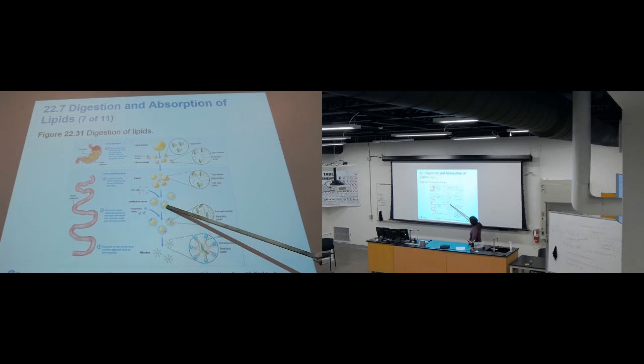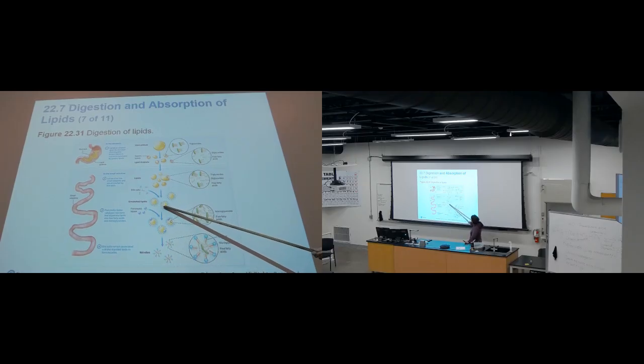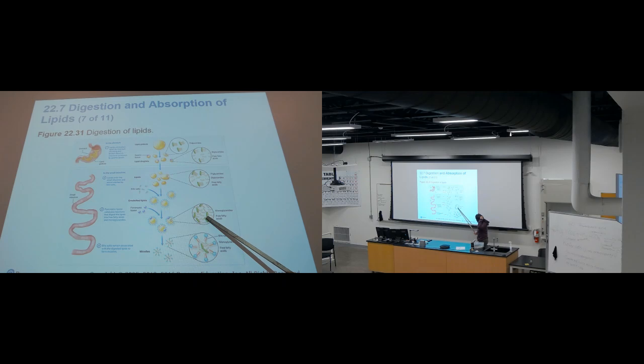you form these chylomicrons that have this central part made out of hydrophobic molecules. These will be the lipids, and then you have the bile salts that coat it, with this polar side that interacts with water, and they can be absorbed by the enterocytes, and the enterocytes will have this lipase that breaks down these chylomicrons into free fatty acids and monoglycerides.